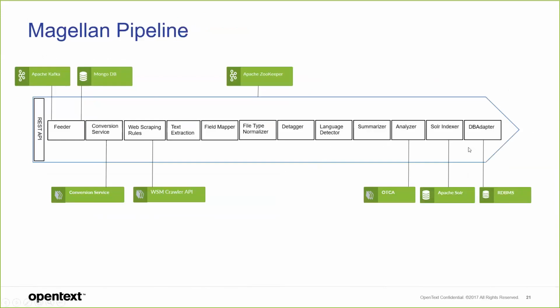So basically there's a feeder, that's what comes in. We have the conversion service that is used. This is where we apply the crawler scraping rules. We do text extraction, field mappers, file type normalizers. We do detectors, language detection, a summarizer.